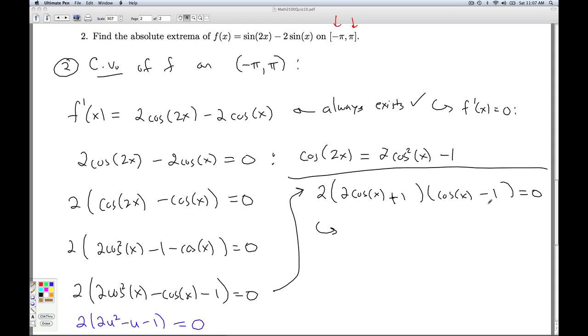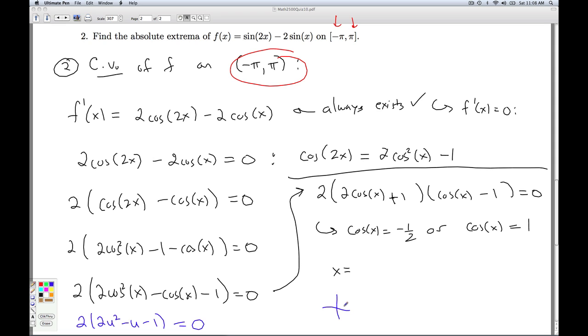So for this to equal 0, either 2 cosine x plus 1 is 0, which gives us cosine x is minus a half, or cosine x equals 1. Now I'm looking for the solutions to this on the interval negative pi to pi.